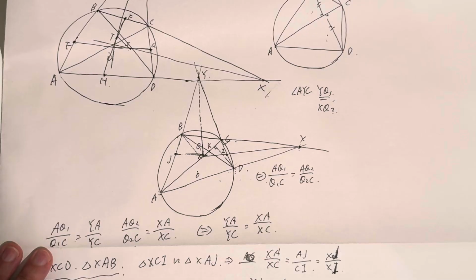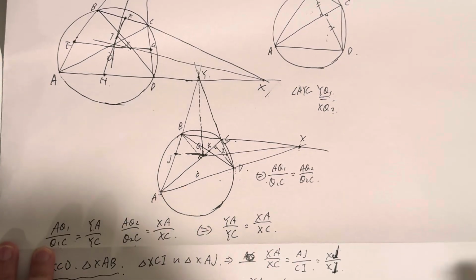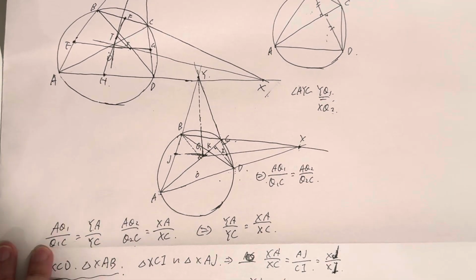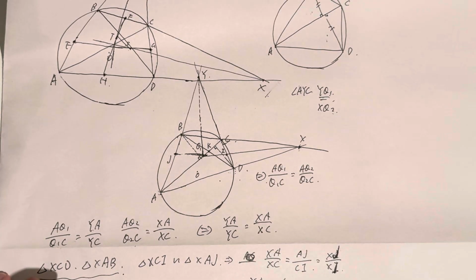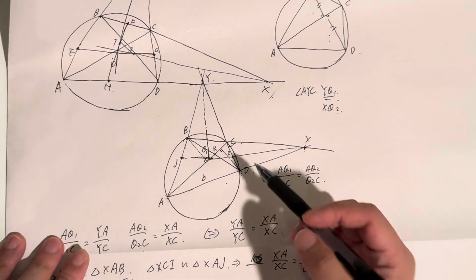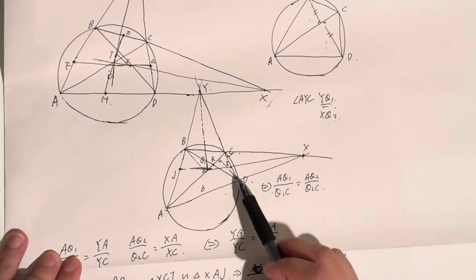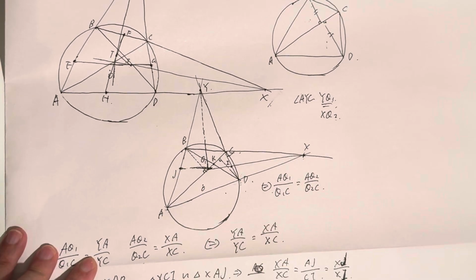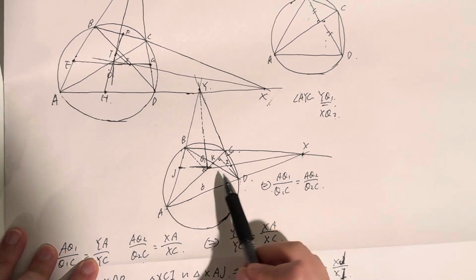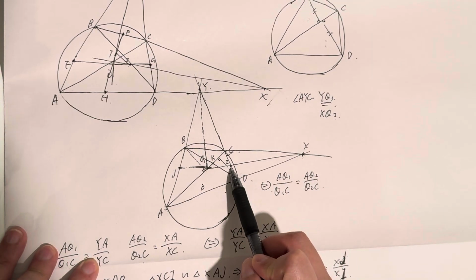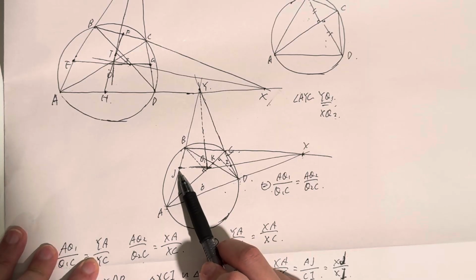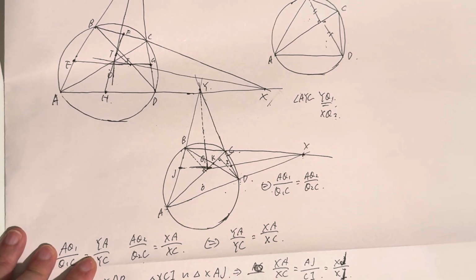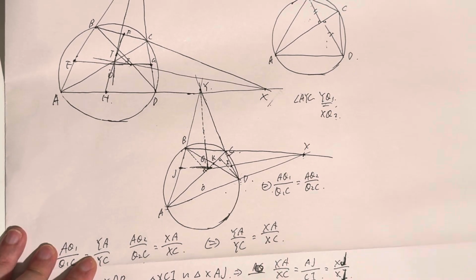Let's call it Q. So you may get curious why I spent so long time to do this calculation. Because based on this, we introduce the idea that the triangle XCD and the triangle XAB are similar. And also XI to XJ is a ratio of the similar triangles, right?